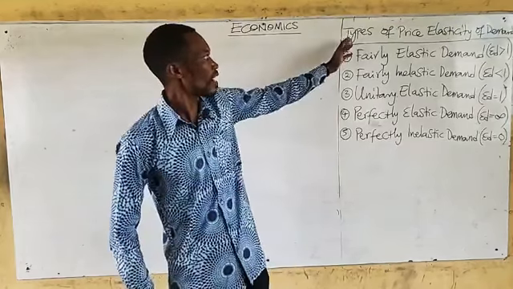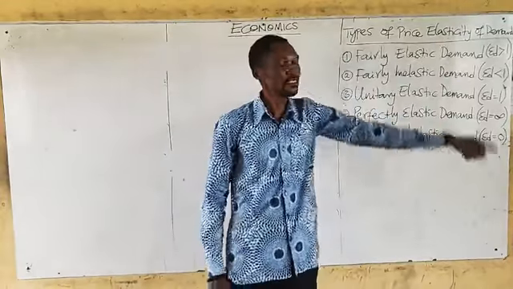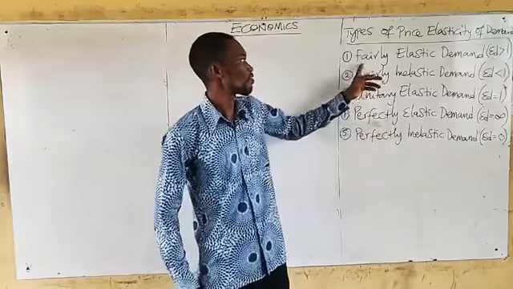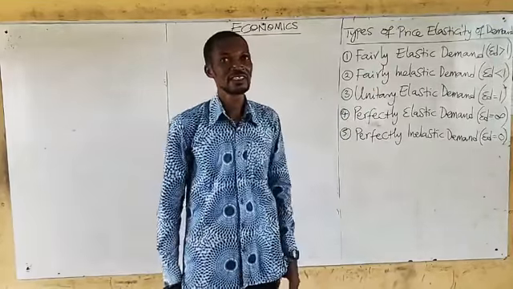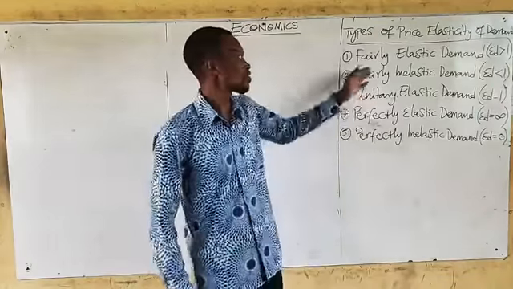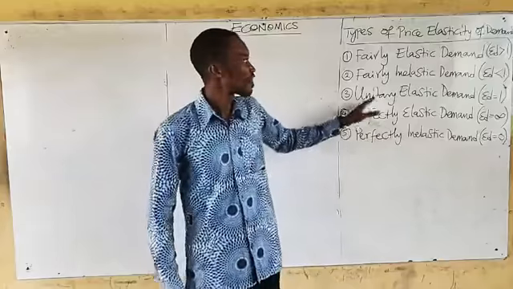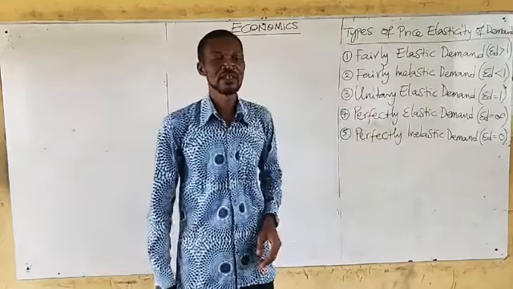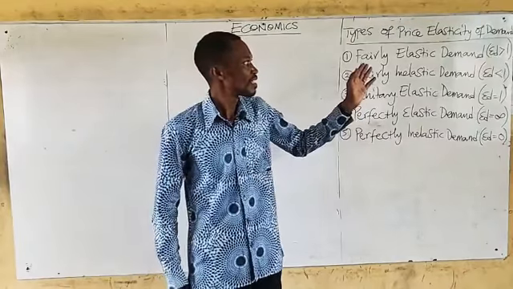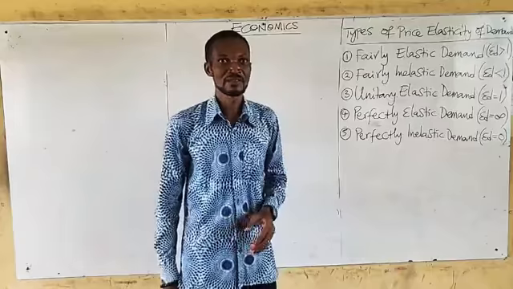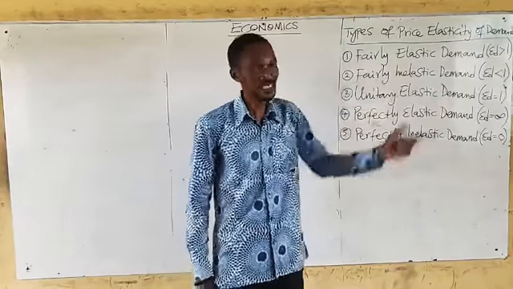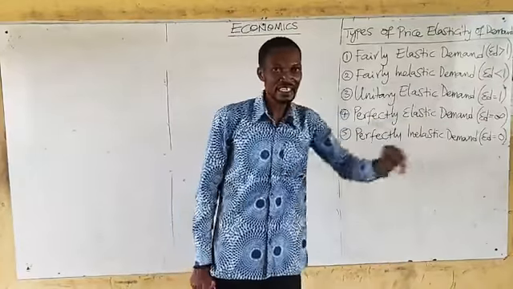So on the board, I have types of price elasticity of demand, and we have 5 types. Fairly elastic demand. In fact, it should be fairly price elastic, and when you say fairly elastic, you are okay. It is also sometimes called relatively elastic demand. Then we have number 2, fairly inelastic or relatively inelastic demand.